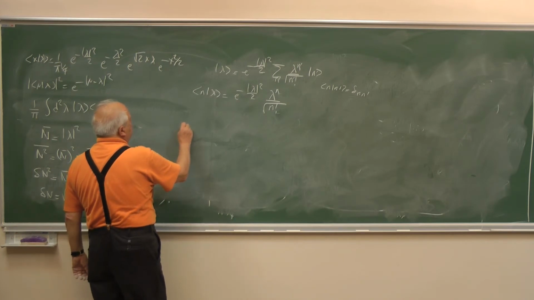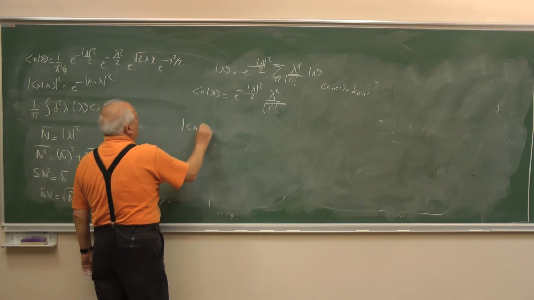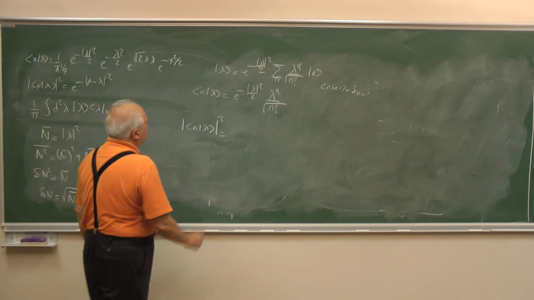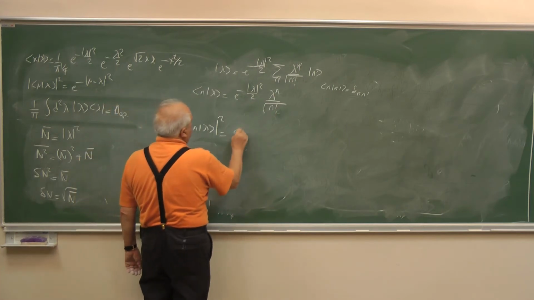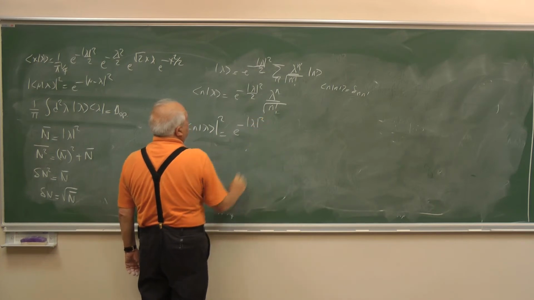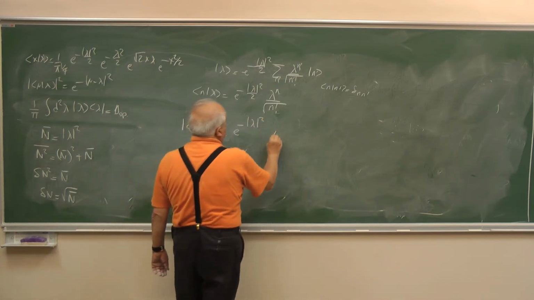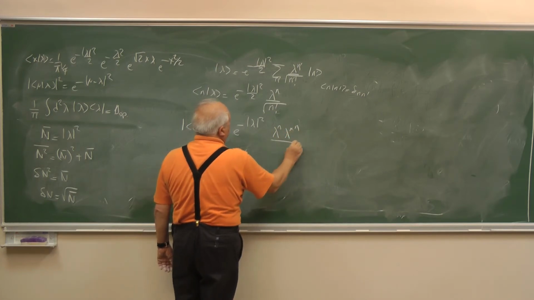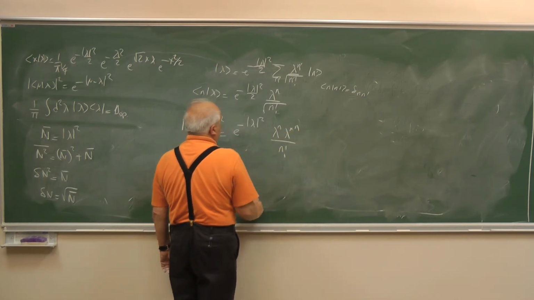Now the probability of finding n in lambda is the absolute square of <n|lambda>, e to the minus lambda square, lambda star lambda to the n, over n factorial.